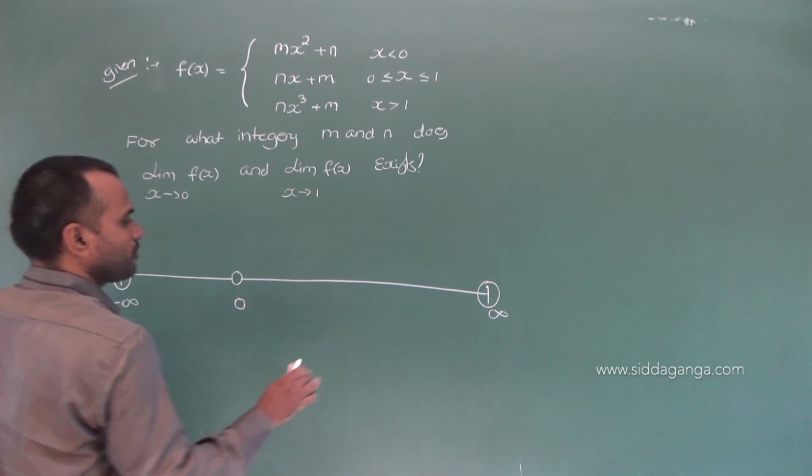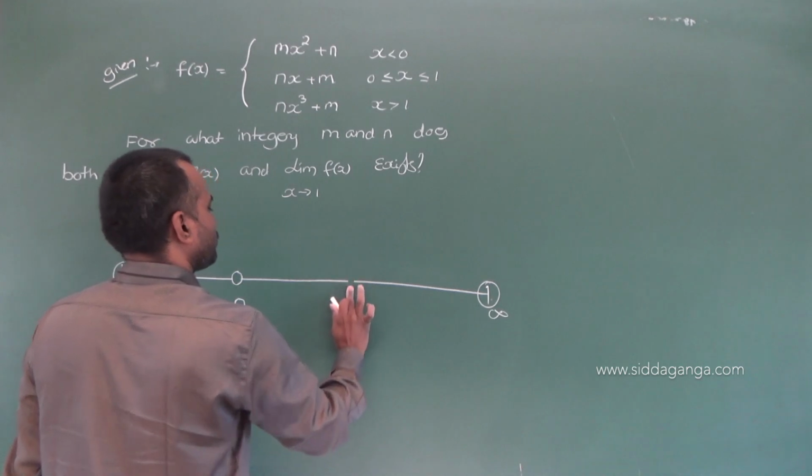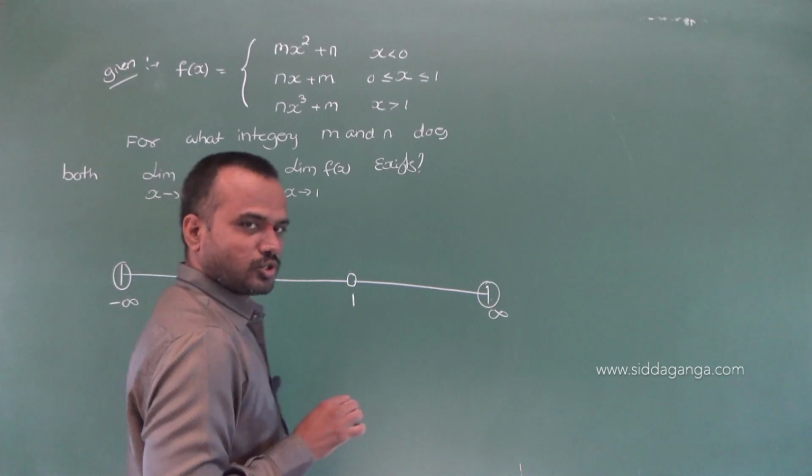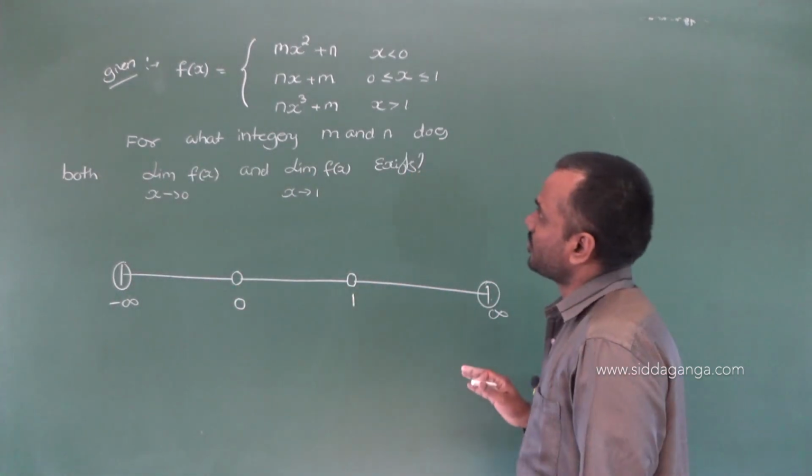Domain is 0, domain is 1. Two domains are given here. Observe here.